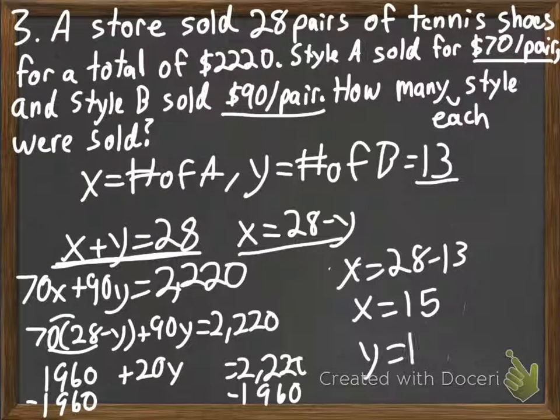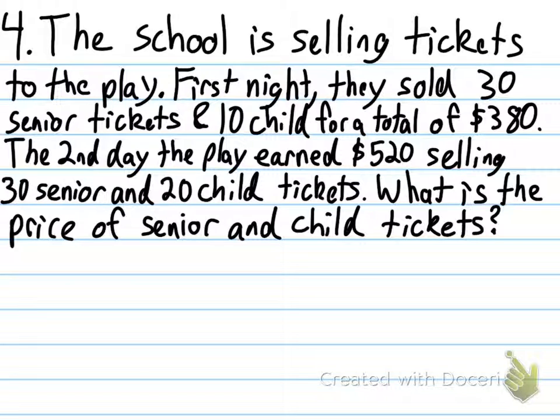And y equals 13. So we sold 15 pairs of style A and 13 pairs of style B. So yes, these problems are a lot more involved and they require a lot more thinking about what's going on in order to create our equations that we're going to solve. So here is a problem that I want you to try in your group, so go ahead, pause the video and try this now.